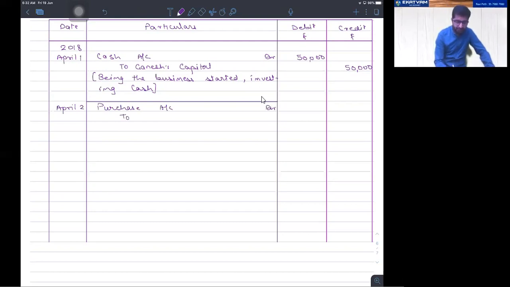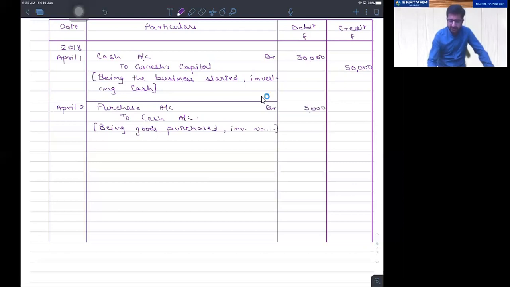To cash account, being goods purchased, invoice means bill number, rupees 5,000 and 5,000 respectively. All right.